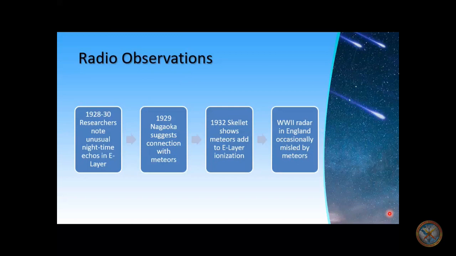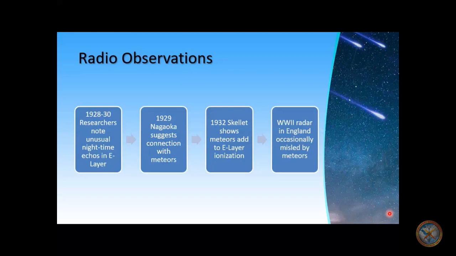And then later, 1932, A.M. Skellett published observations during the 1931 Leonid meteor shower, and they show the correlation between visual and radar observations of meteors.